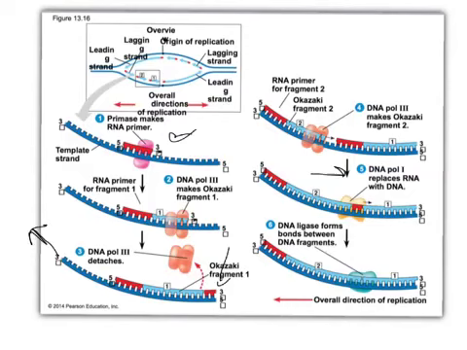So as the replication fork moves, all right, if this kept going, you're going to get a continuous chunk of single-stranded DNA. All right, because it's moving away from the replication fork. So primase recognizes that single-stranded DNA and will make an RNA primer. All right, on both sides.